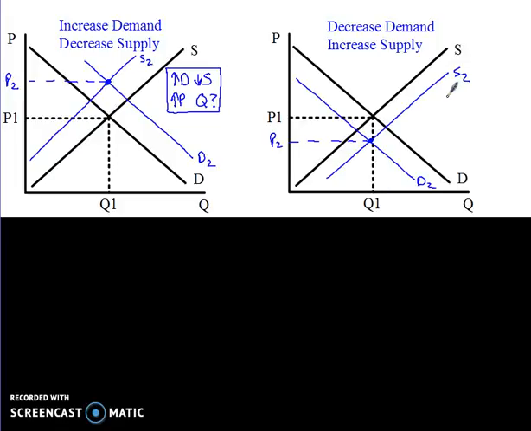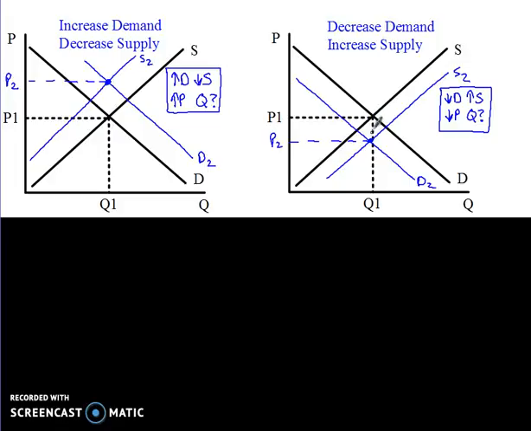So whenever we get a decrease in demand, that was a left shift, and an increase in supply, that was a right shift in the supply curve, we are always going to get a lower price, and the quantity will be indeterminate. We will not be able to tell what happens to the quantity. The real key is just following what that equilibrium point does.